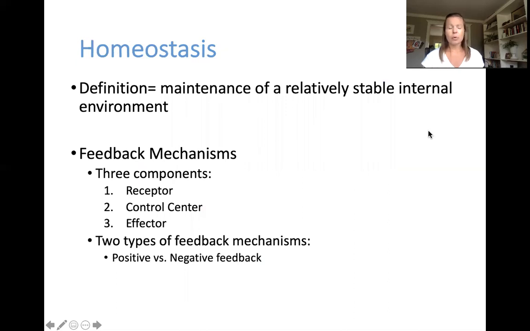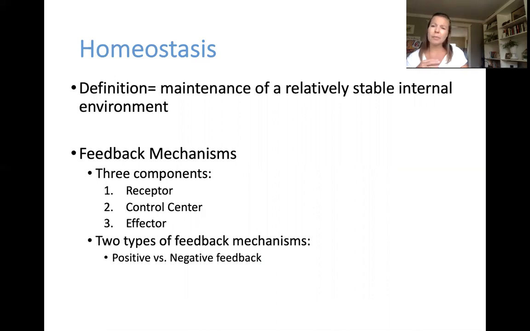All right, here's a really important term that's associated with physiology. Homeostasis is your body's ability to maintain a pretty stable environment internally, despite the changes that are occurring outside of the body.